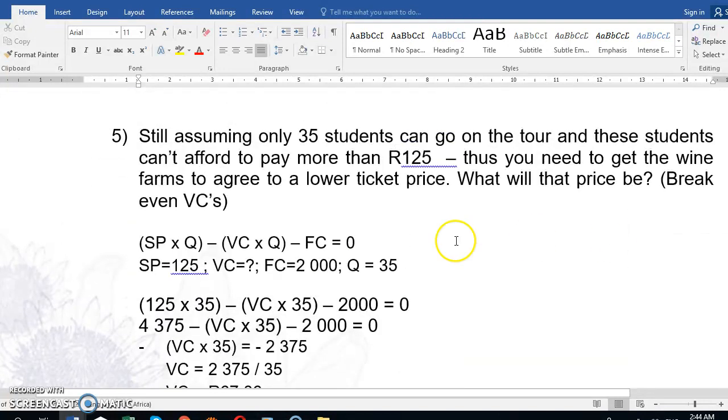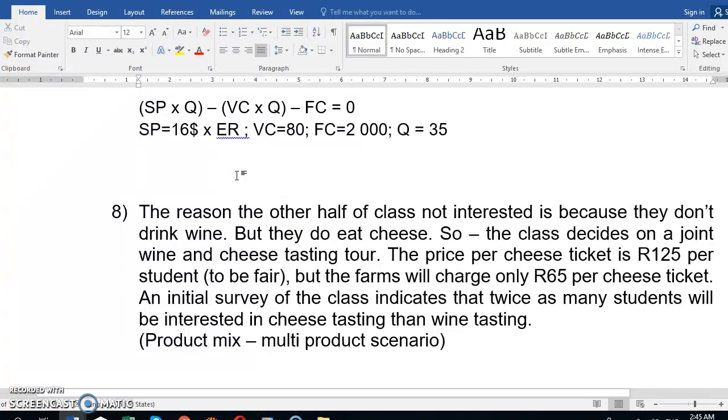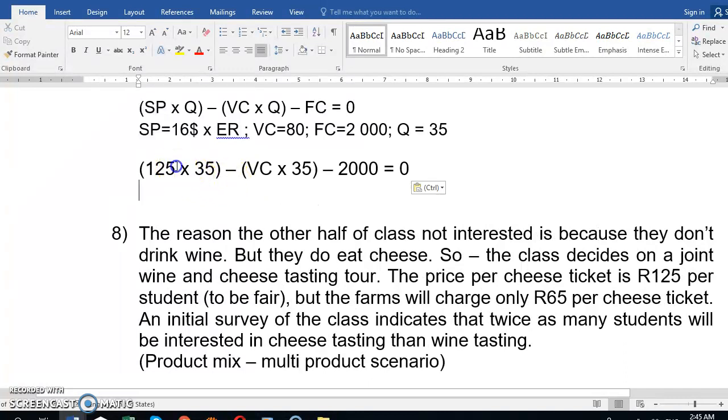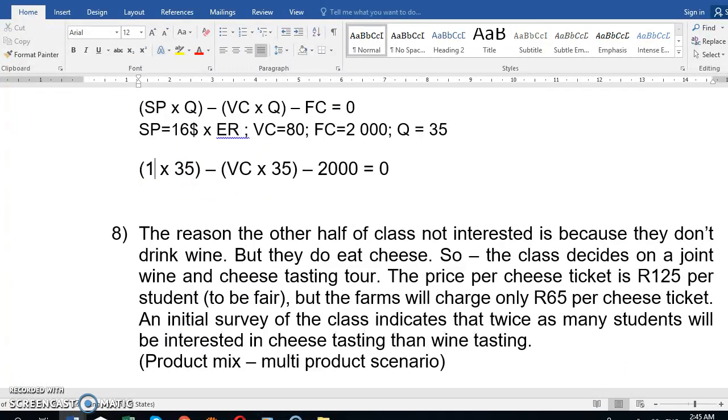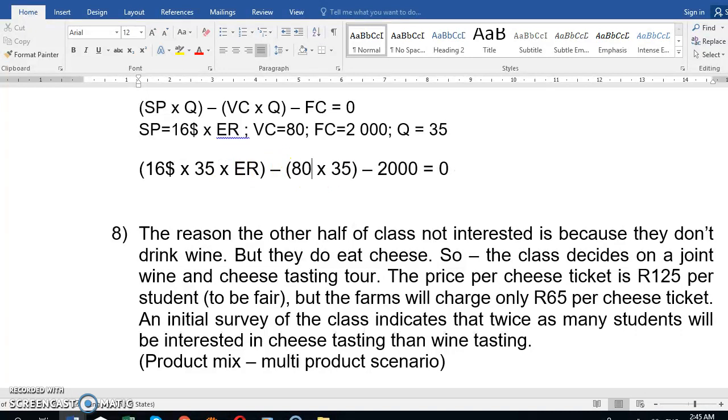The only thing that changes now is that selling price is equal to $16 times 35 students times an exchange rate. Variable cost is 80 and fixed cost is still 2,000, and that still equals 0.